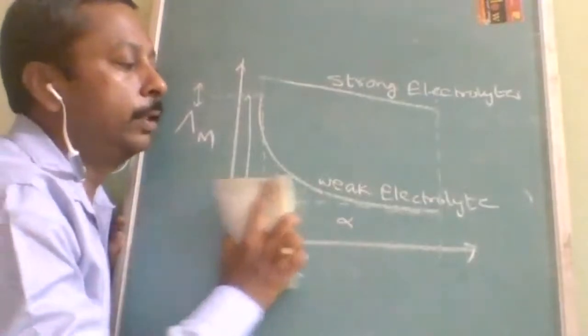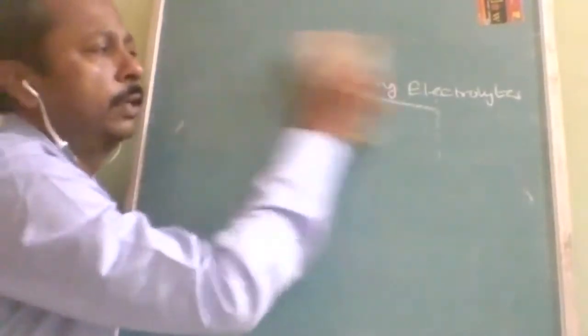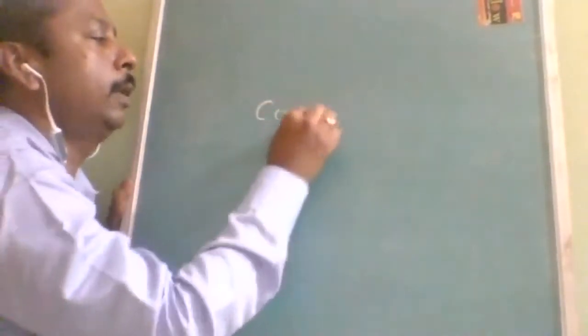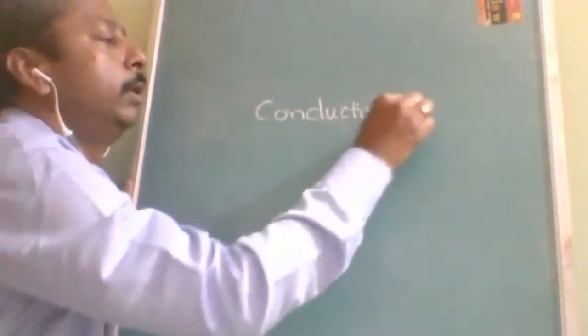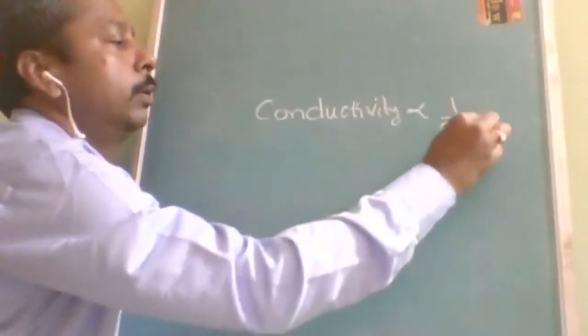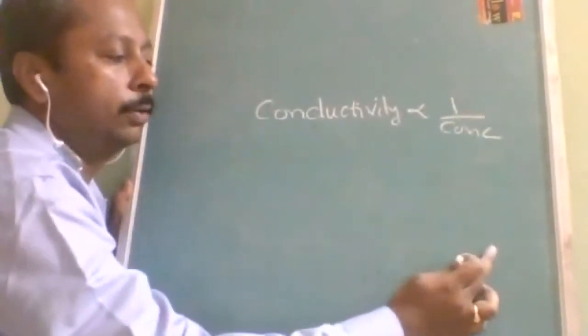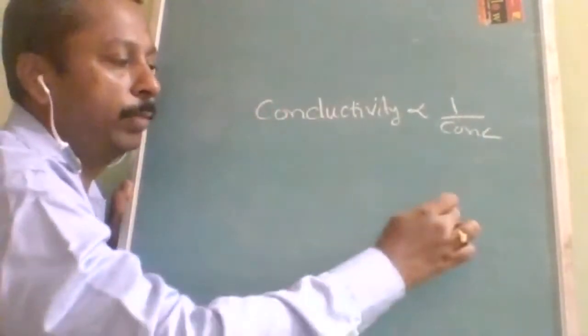Now with this graph, at least you could understand that conductivity is inversely proportional to concentration. If the concentration on the right side is increasing, the value comes down like this.